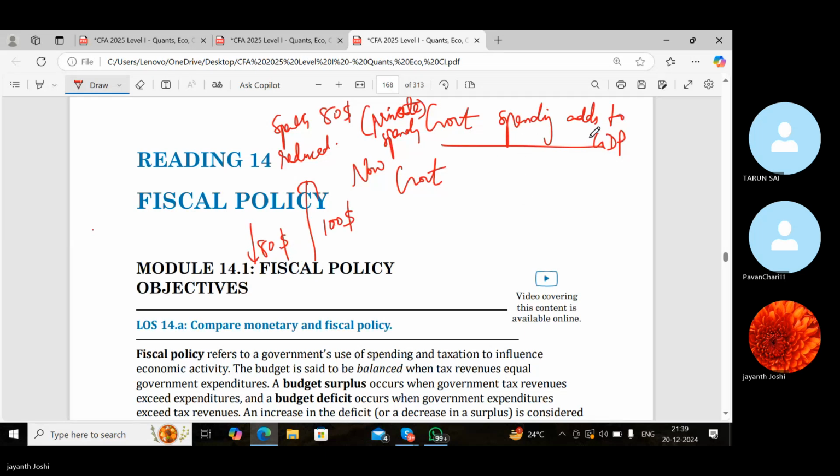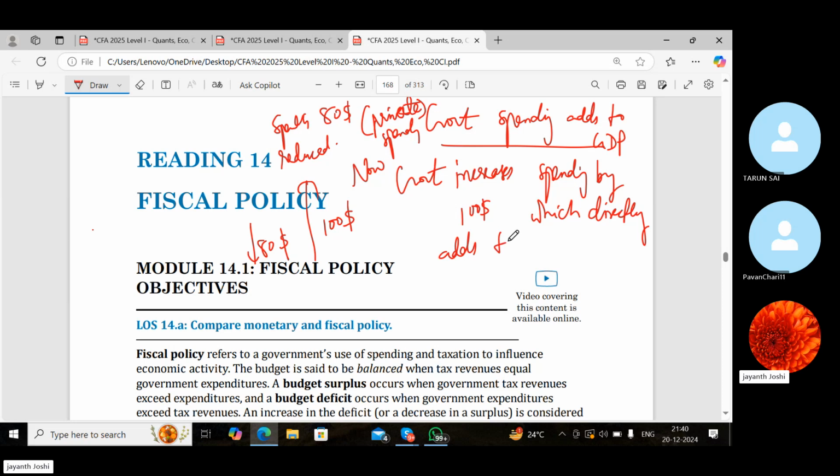Now government increases spending by $100, which directly adds to GDP.